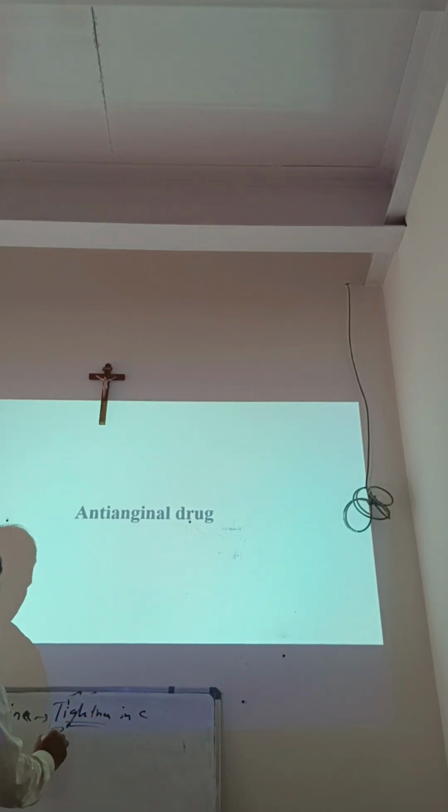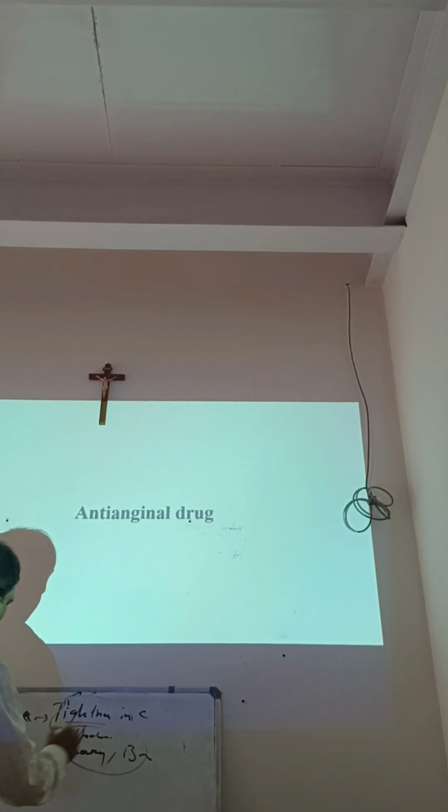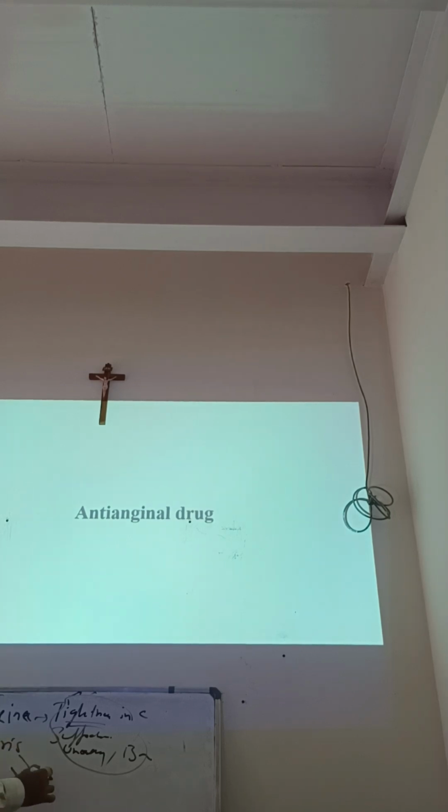Tightness you feel, suffocation, uneasiness, or like breathlessness. Where? In the pectoral region, which is this, called the pectoral region. Usually the left side. So a kind of chest tightness, feeling of suffocation, breathlessness, especially in the left side pectoral region. That's why we call it angina pectoris.